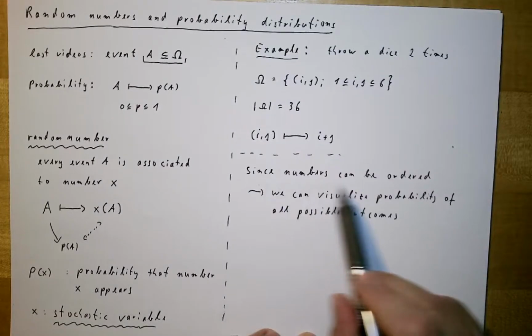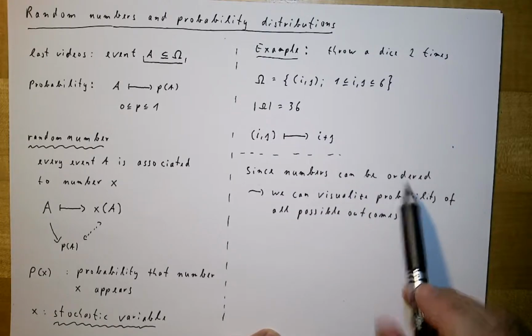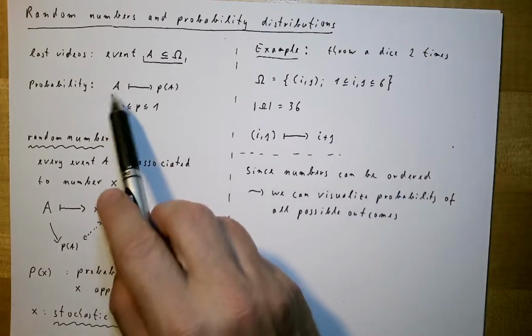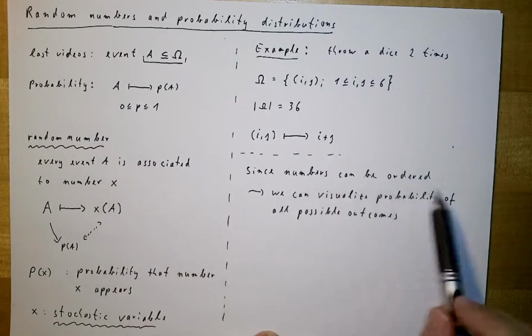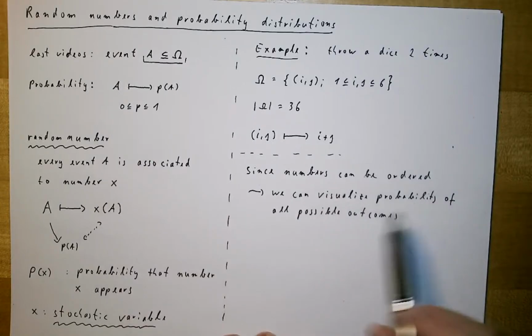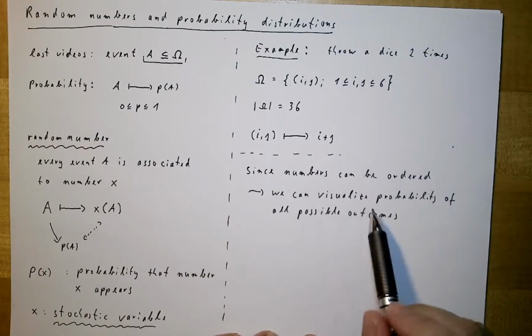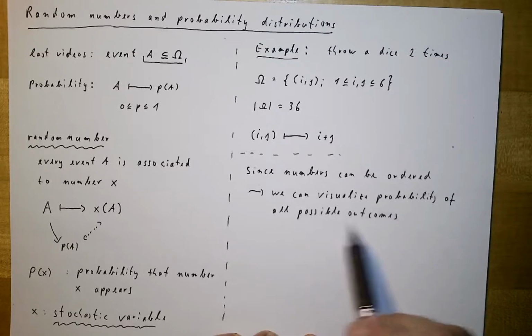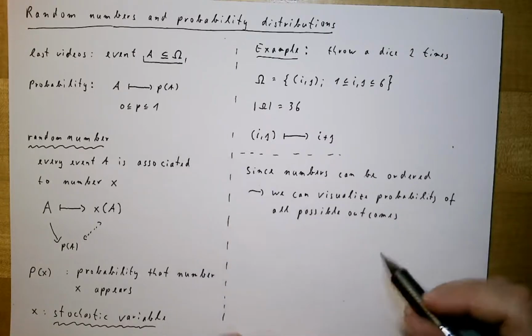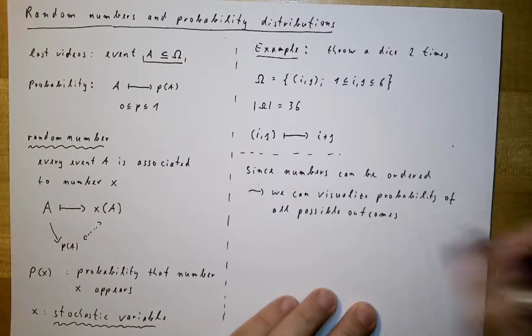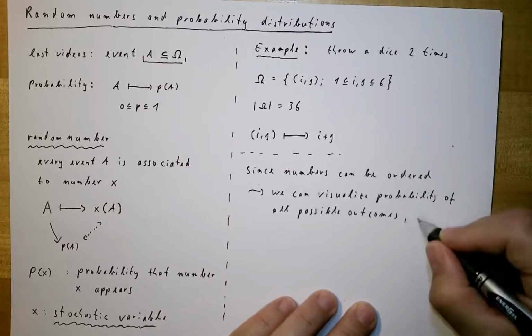Because numbers can be ordered, and that's a difference to subsets. Subsets cannot be ordered, but numbers can be ordered from smaller to larger. This allows us to visualize the probabilities of all possible outcomes of an experiment. And this visualization, this plot, we call the distribution.